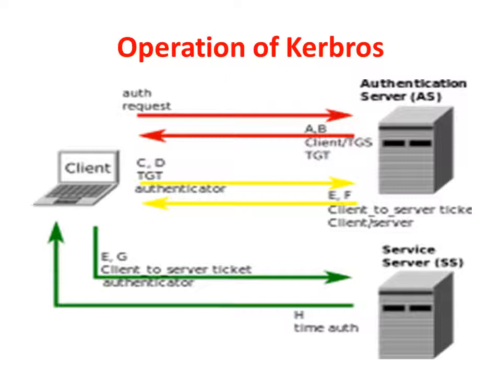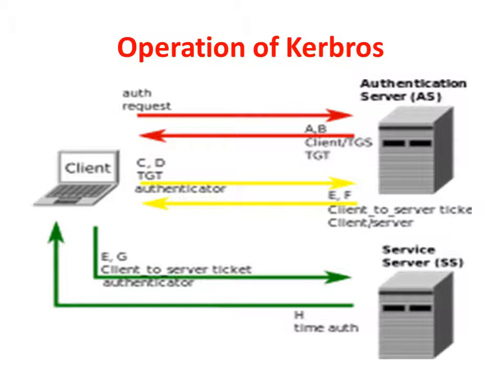When a user wants to connect to a service for which he does not already have a ticket, the user connects to the ticket granting server and gets a ticket that can only be used to access a particular service. The user can now connect through an encrypted channel to the server. As long as the ticket is valid, it is okay.